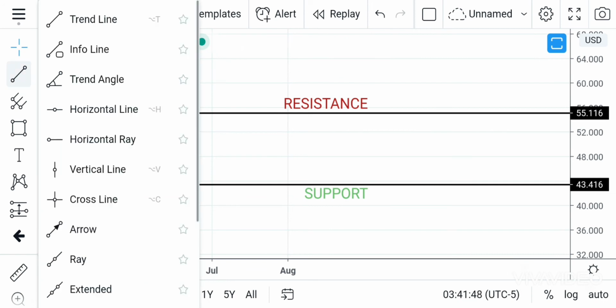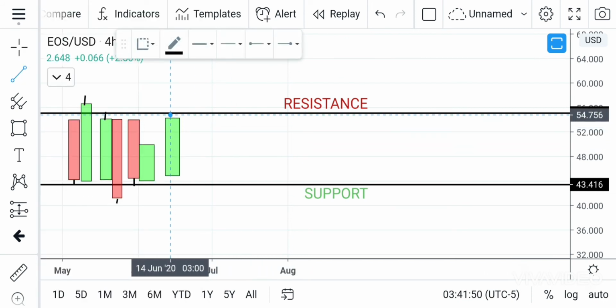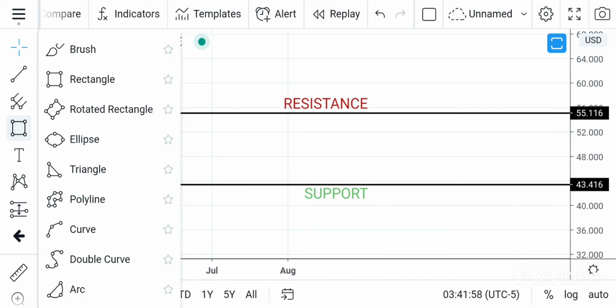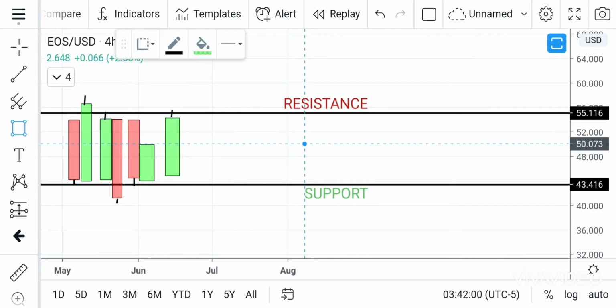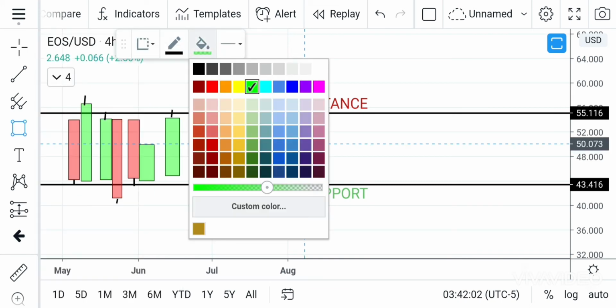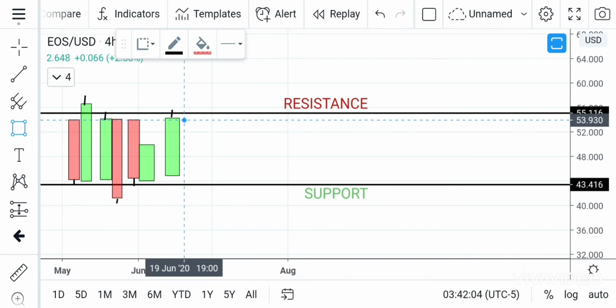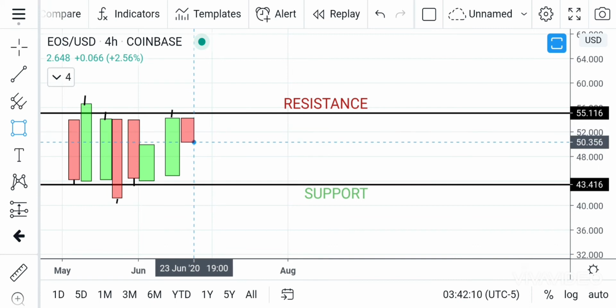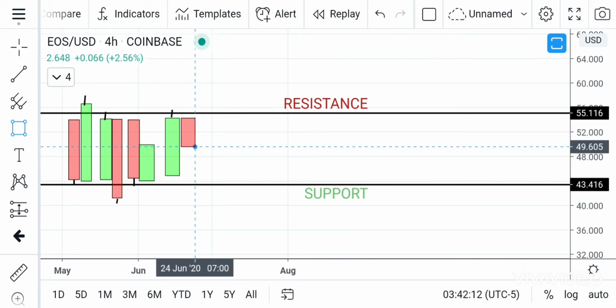I'm going to put a little wick at the top to show you that there is a price rejection, and then the sellers start coming in at the top of the candle, and they start pushing it down. They push it down up to 50% of the candle.